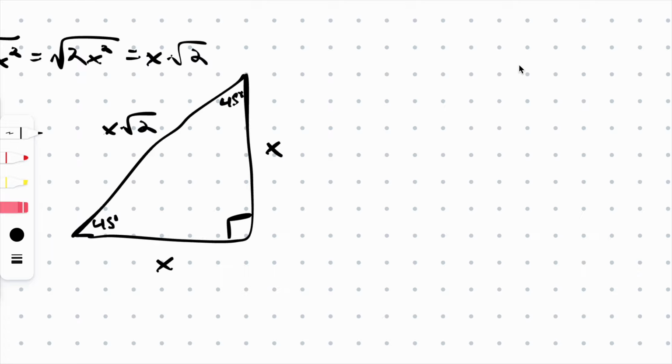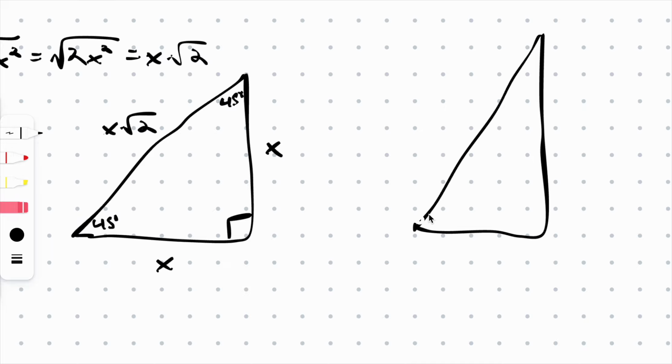Now we're going to go over a different type of right triangle, a 30, 60, 90 triangle. So here I have my right angle. I'm going to say this angle is 60 degrees and this angle is 30 degrees, okay? So I'm going to say this side is equal to x, okay?